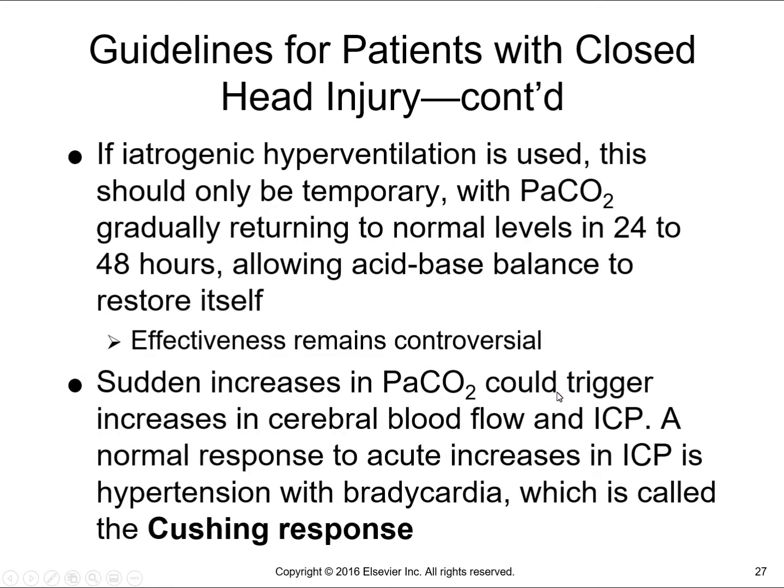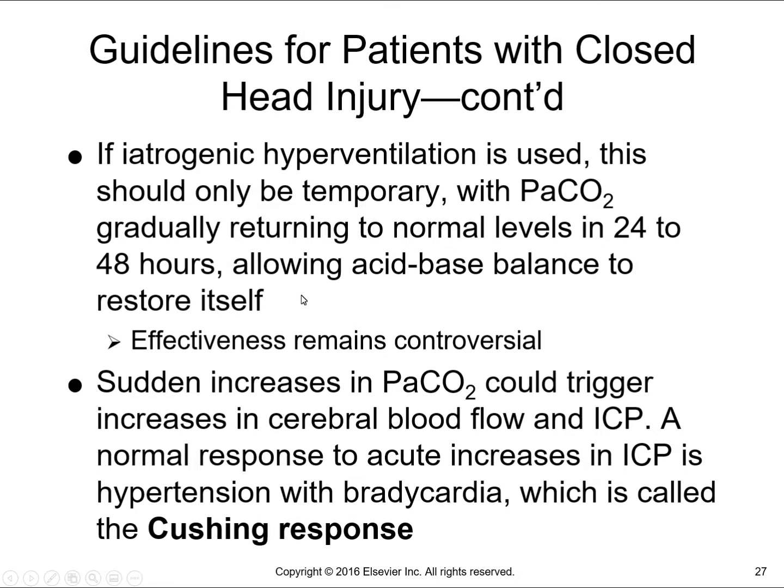All right. So if iatrogenic hyperventilation is used, so we might have to use that. We might have to cause some type of hyperventilation so that we can get the good minute ventilation, because we're doing a low pressure, so therefore low volumes, right? This should be only temporary, with the PaCO2 gradually returning to normal levels in 24-48 hours.